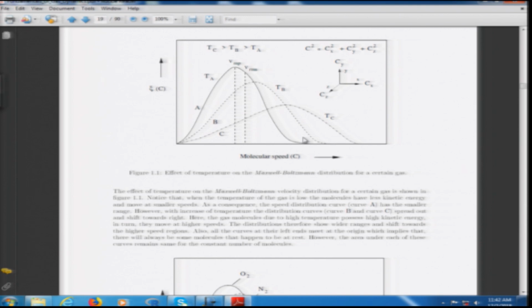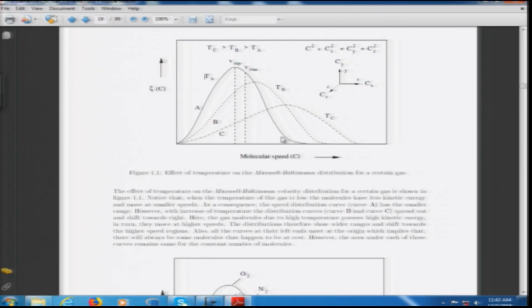What we have observed is that for the same constant number of molecules, the fraction of molecules is essentially the same for all three graphs. At lower temperature, the speed distribution has a lesser range, that is, the molecules are moving at a lesser velocity.